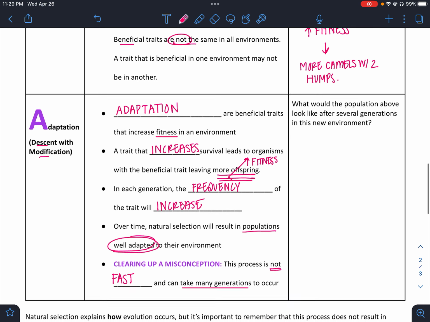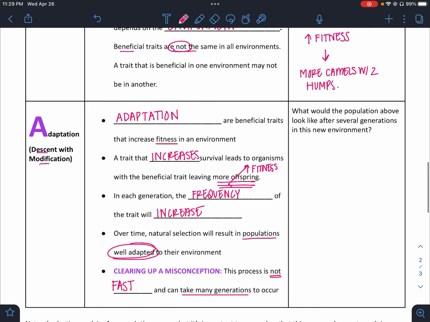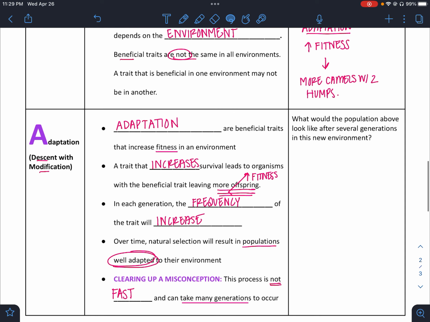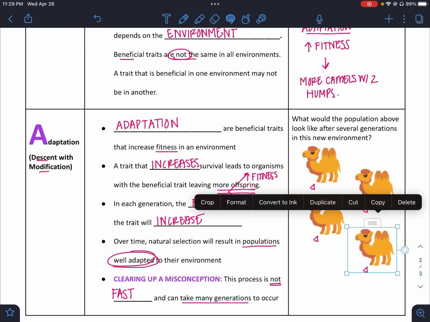So if we think back to our camel example, where we said our environment change became really, really scarce food during periods of time, what we would expect to see in the future population would be lots of camels with two humps.